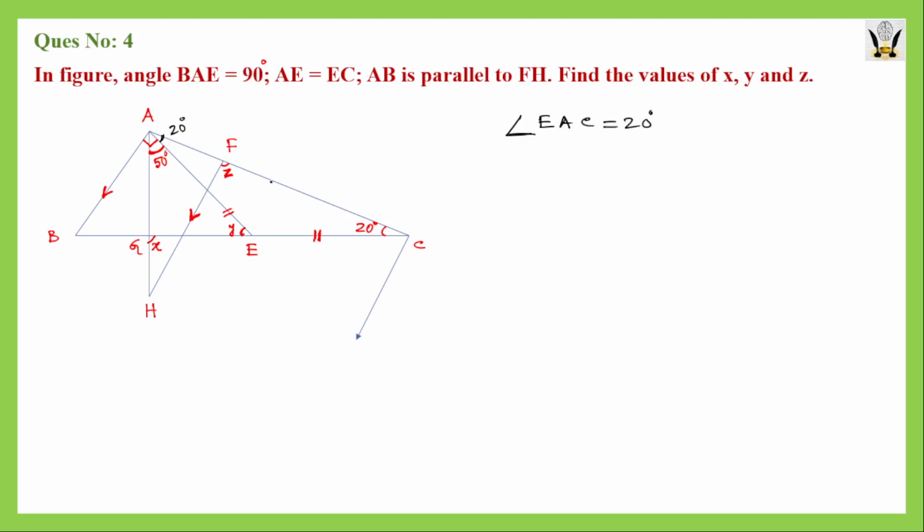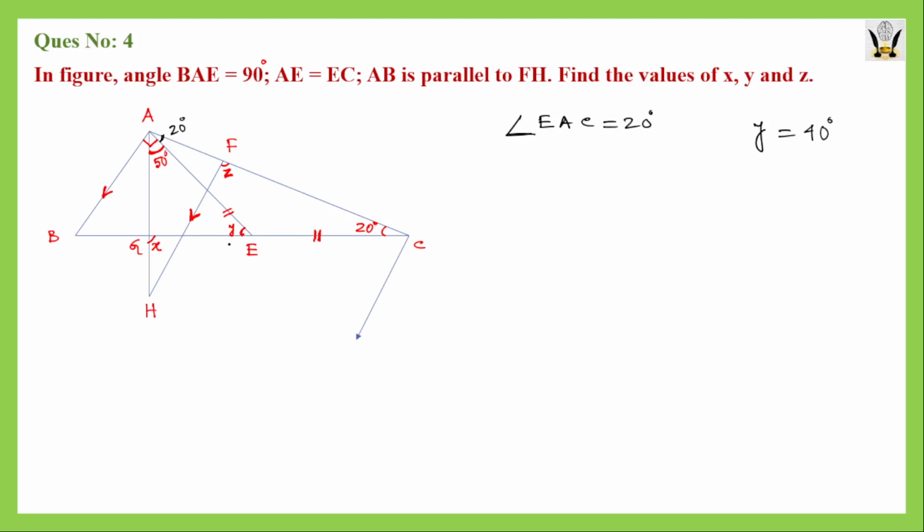Now if this is 20 degrees and this is 20 degrees, so total 40 degrees. So the third angle of this triangle will be how much? This will be 180 minus 40 degrees, and again if we apply the property of triangle, then this exterior angle Y will again be 40 degrees. So the value of Y that we are obtaining here is 40 degrees.